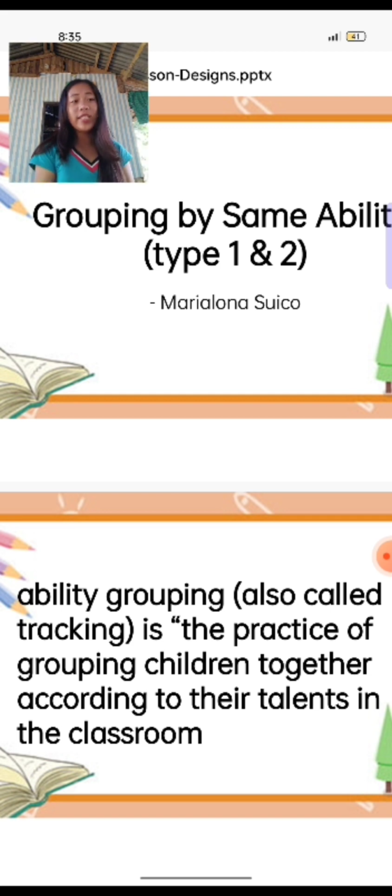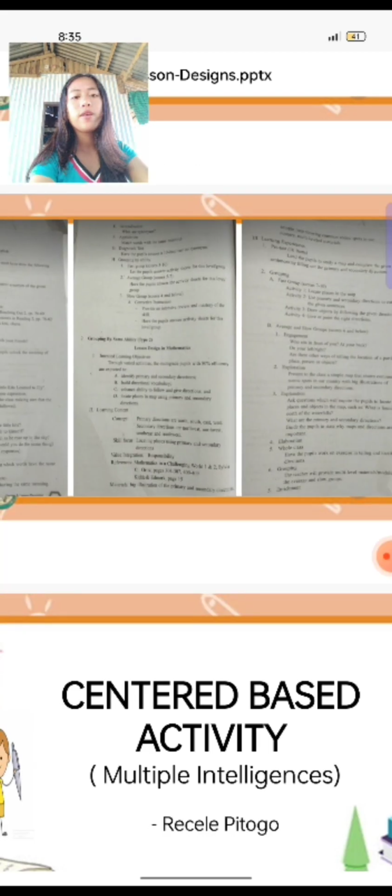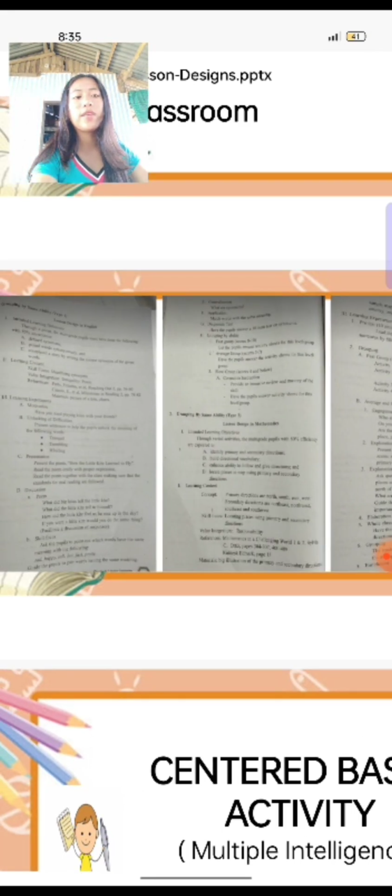Okay, so for you to understand more, let's proceed to the example of the activity. Let's focus on the first activity. The first activity is the teacher presents a poem, How the Little Kite Learned to Fly.